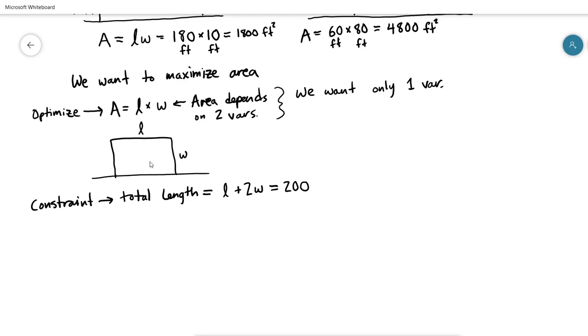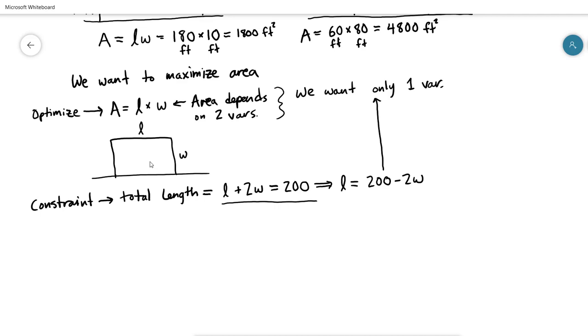This gives me a second equation that I can use to replace one of the variables in the first equation. In this case, let's make life easy and just solve for L. L is going to be equal to, I'll just subtract 2W from both sides, 200 minus 2W. And so now I can go back up to here and replace the L in the original equation with this 200 minus 2W, and our area can be written now in terms of only a single variable, W, instead of both L and W.